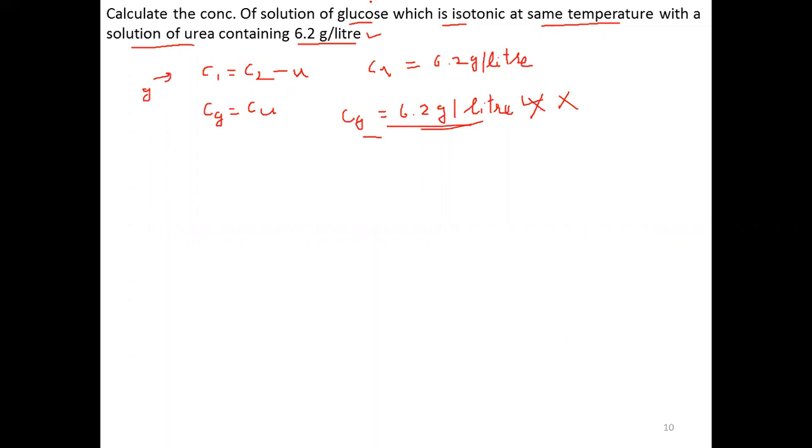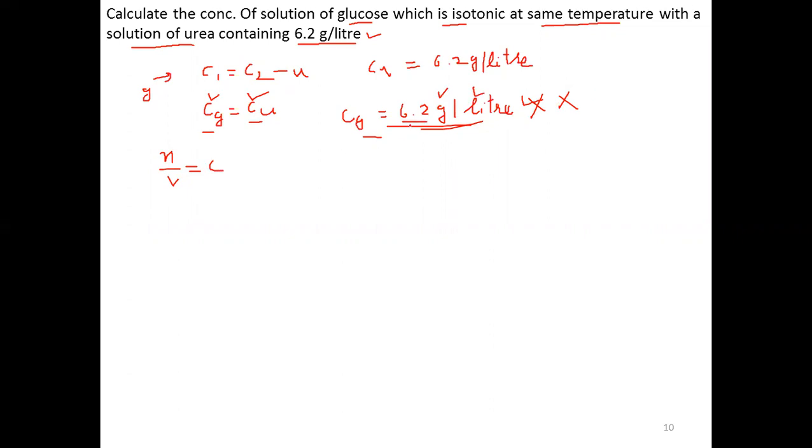Why? Because we have to take care that this concentration in the osmotic pressure relation is the number of moles per unit volume. But this concentration is given as weight per unit volume. So we cannot equate this concentration.